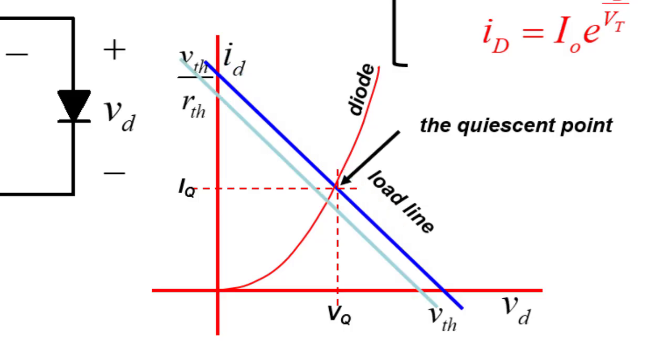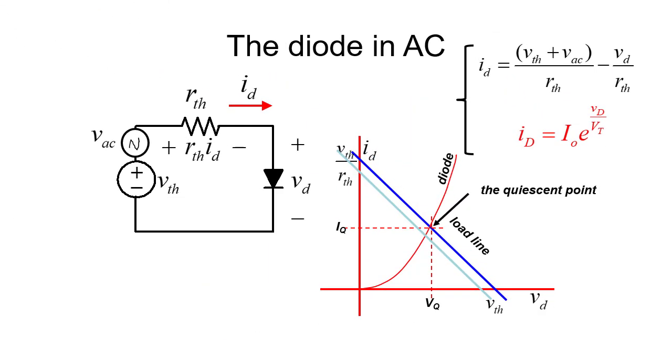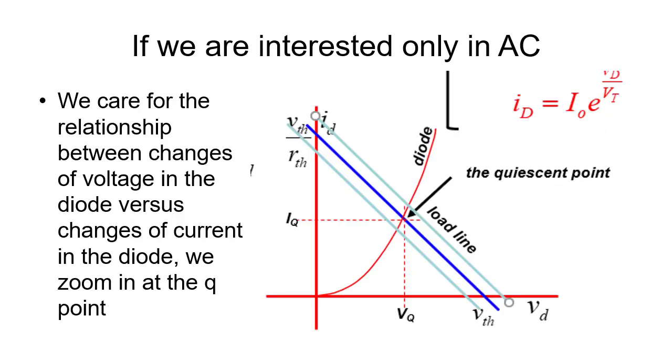And then the voltage in the diode will also oscillate around VQ, and the current in the diode will oscillate around IQ. We need to find the relationship between the voltage oscillations and the current oscillations, and that is the purpose of this conversation. Let's concentrate on that in this curve.